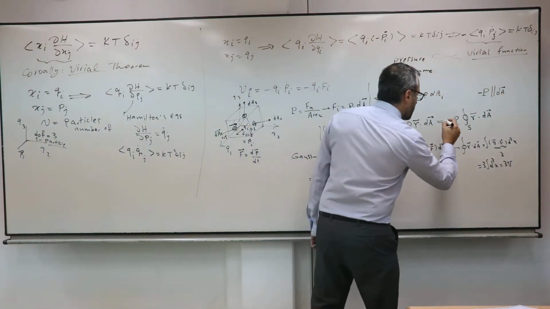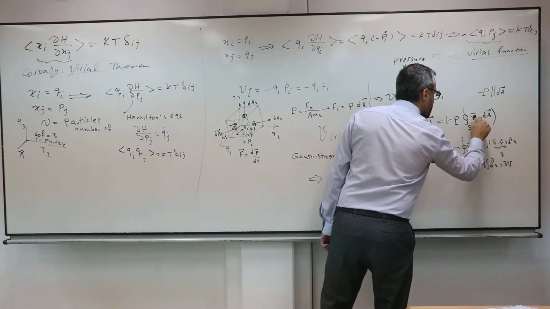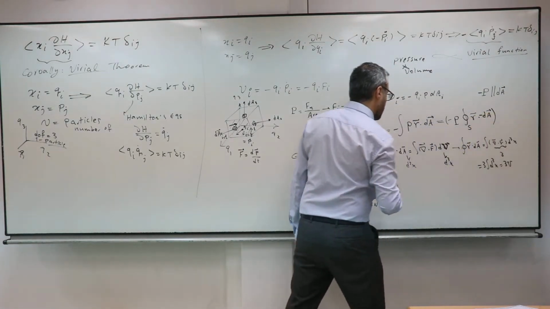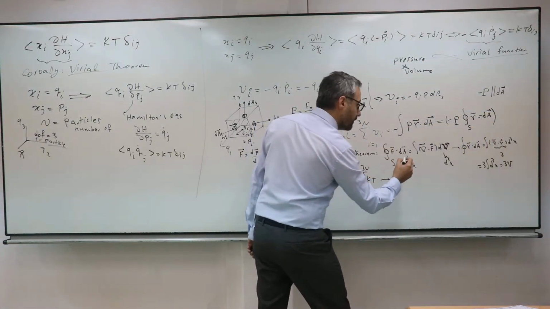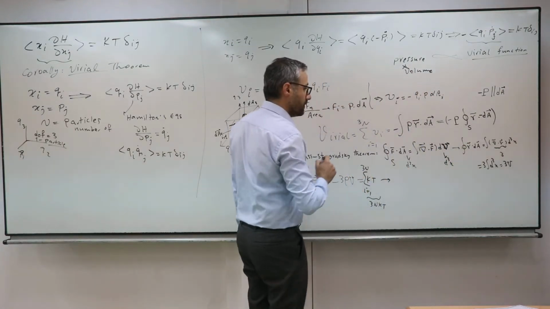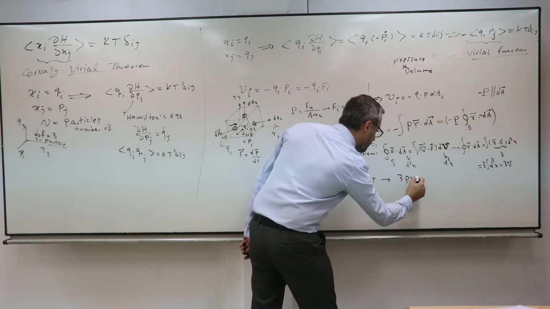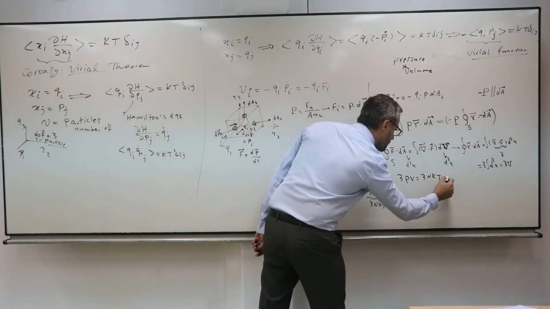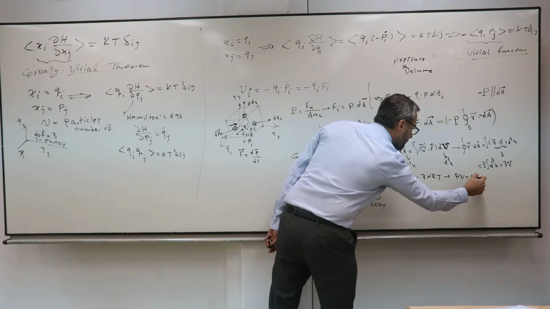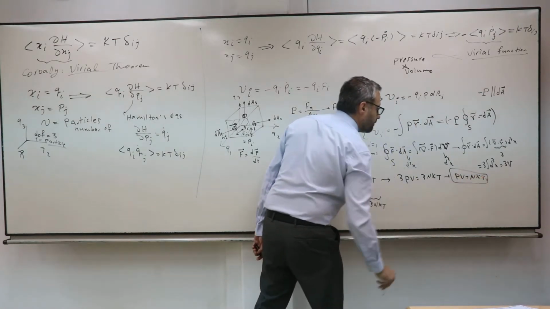So I can write one minus here just to guarantee this minus. That was the thing I was thinking about, why we have one minus. So minus times minus will be plus. So you get 3PV equals 3N kT. So PV equals N kT is the equation of state for the gas.